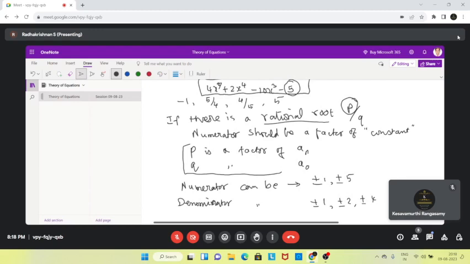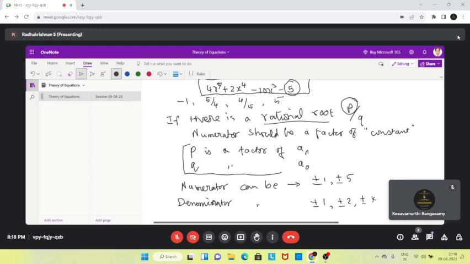It is not saying that this is a root, and this is not a way to find out a root. It is only telling that this is possible, this is not possible. If 0 has to be a root, the constant should be 0, and that we can easily determine.